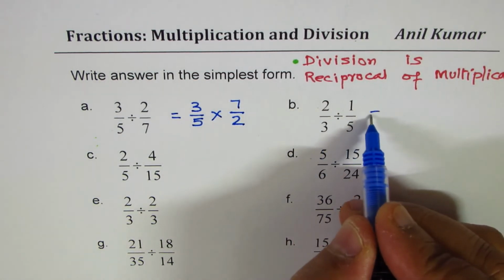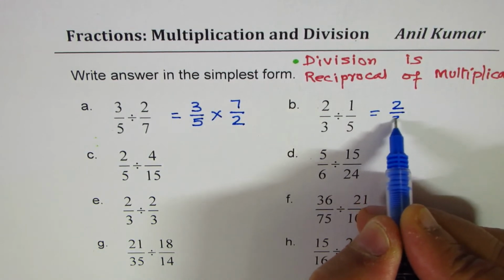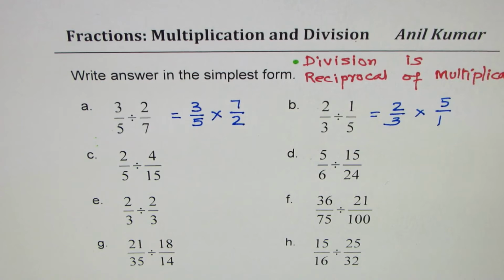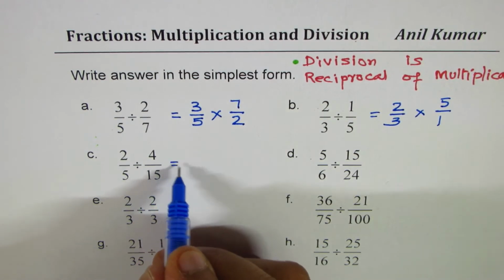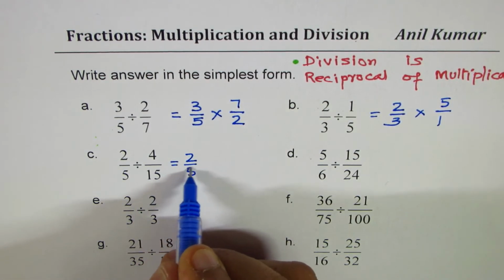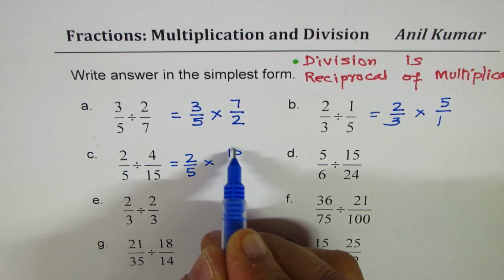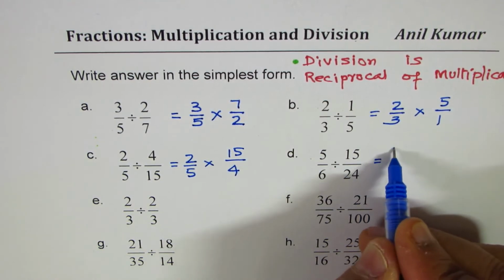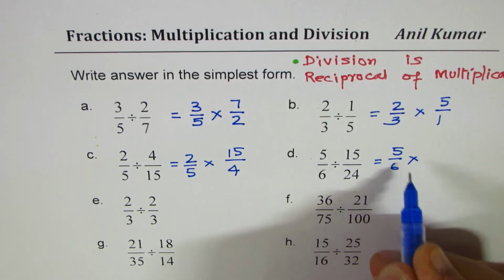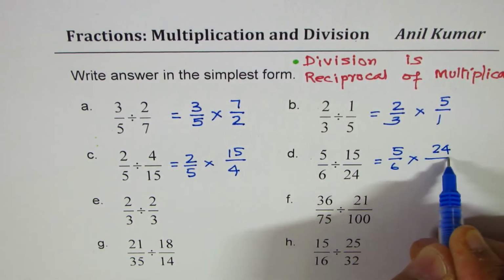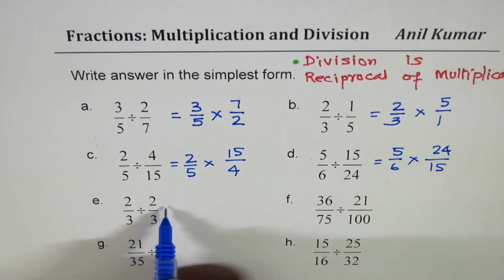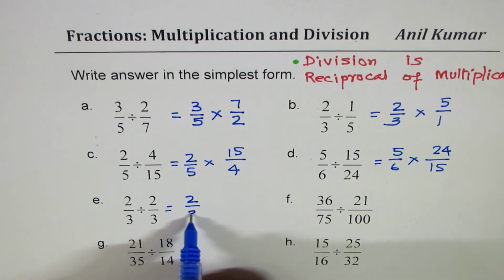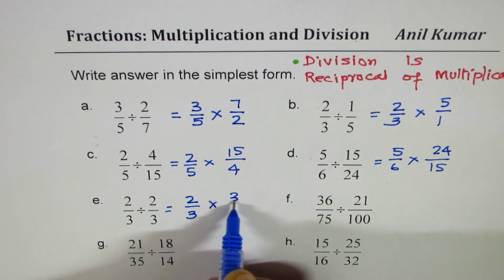So first step is to write each division question as multiplication. So we could write this as 2 over 3 times 5 over 1. Does that make sense to you, right? Next one, 2 over 5 times 15 over 4. Correct? Likewise, do for all. So we have 5 over 6 times 24 over 15. So in this process, we have written all division as multiplication.